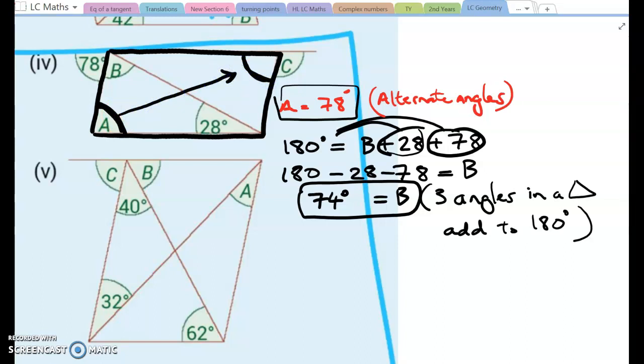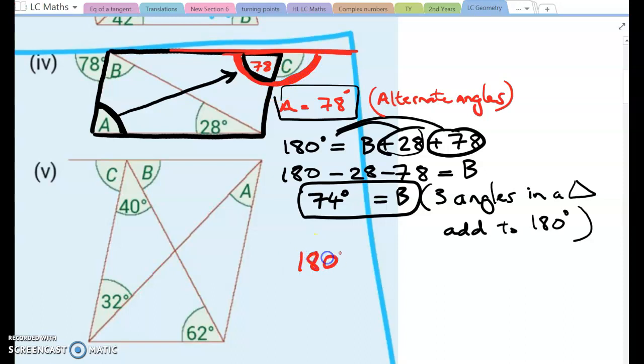So we found out that A was 78 already. And now we will be able to find what C is very easily, because you see that straight line there. All of that angle adds up to 180. Okay, it's a straight line, so the angle will be 180.